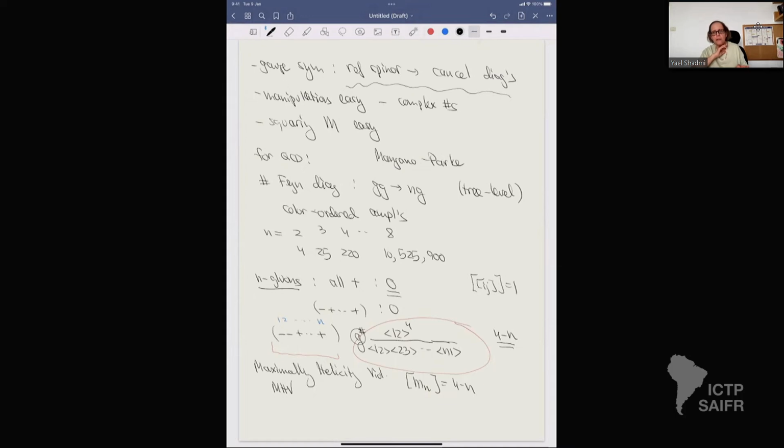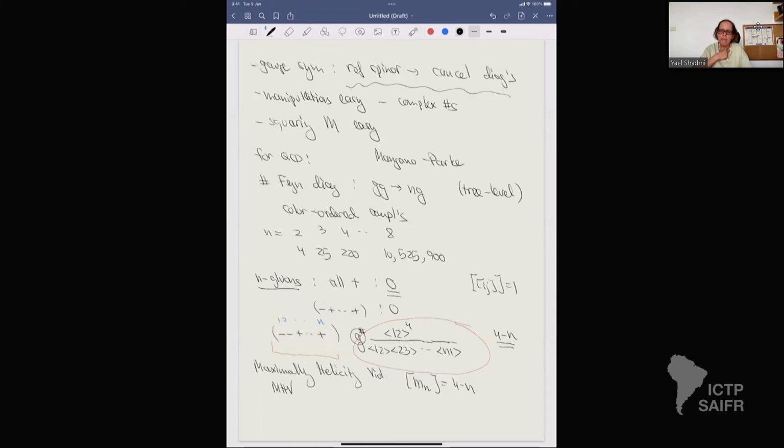There's something I haven't told you yet about what this amplitude really is, which is related to what you're asking about, the ordering or the permutations. It corresponds to a particular ordering of the gluons. We'll come back to that.